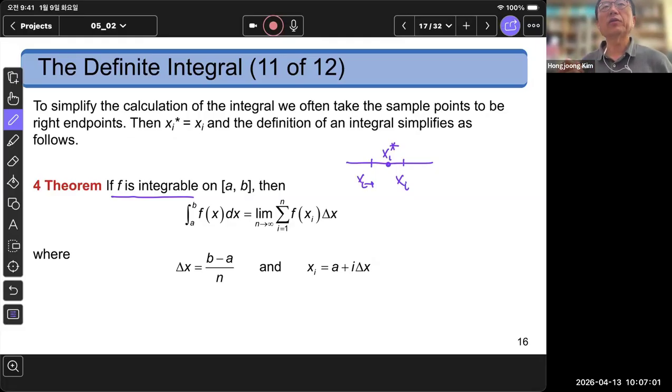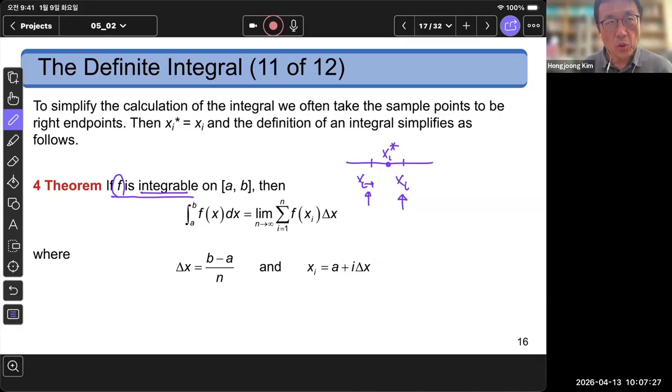Now, here in theorem 4, if I know that your function is integrable, then I can pinpoint my xi star to the left endpoint or right endpoint or midpoint, for the simplicity of the calculation.